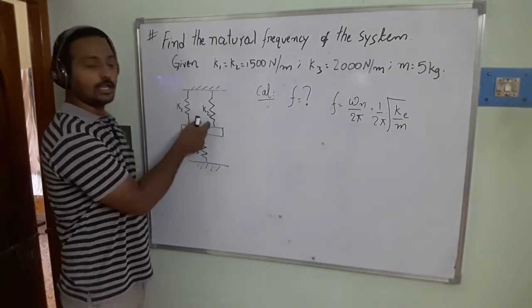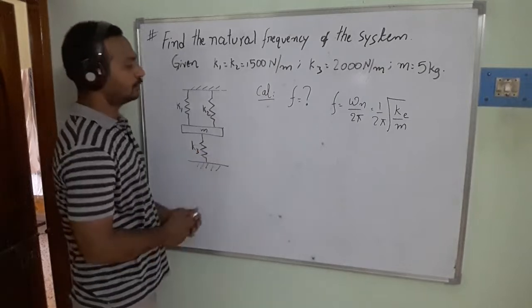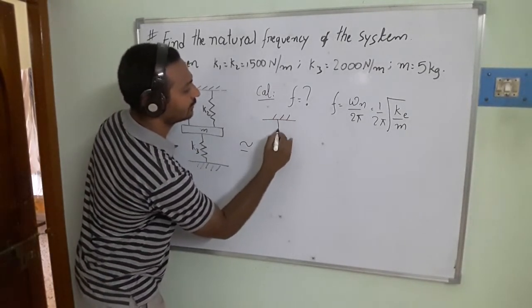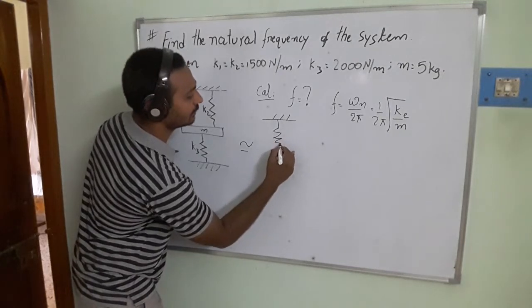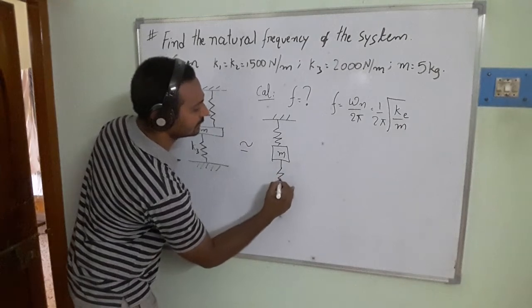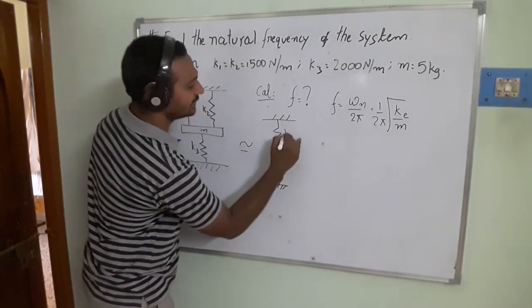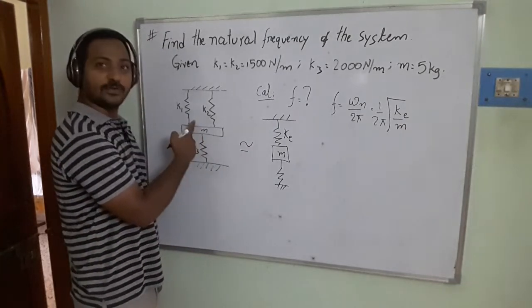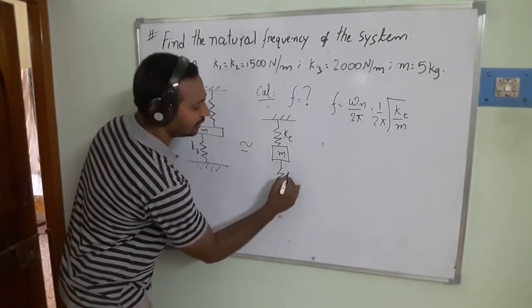The K1 and K2 are in the parallel condition. So I am going to take it here. This is the mass. This is the third spring we have. This I am going to call KE, the equivalent spring for these parallel connections, and this is K3.